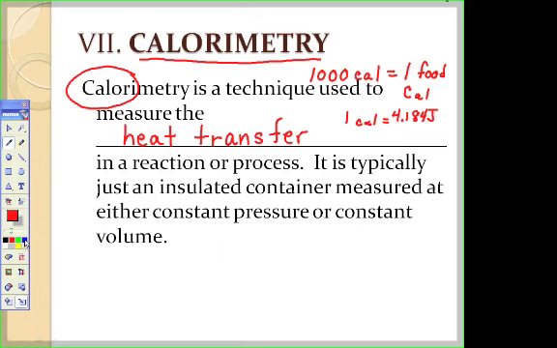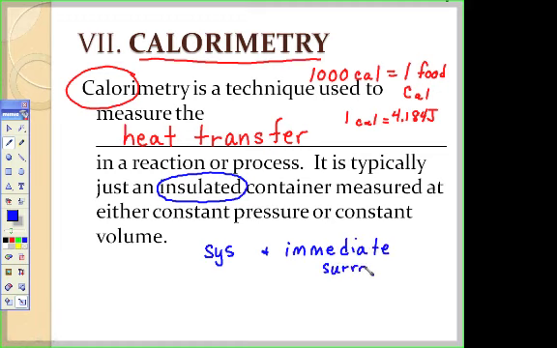Now, in order to do this, we need an insulated container. We want to somehow isolate the system and its immediate surroundings that we will be measuring the changes in, and we want to isolate that from the rest.